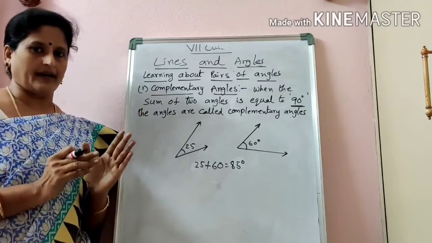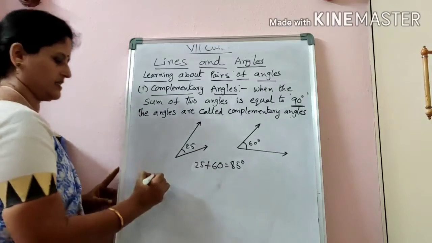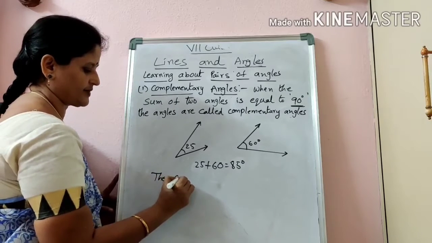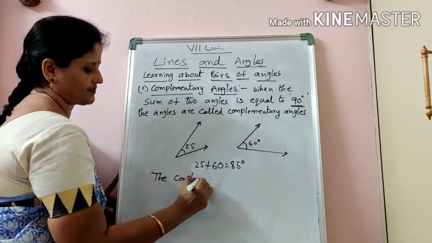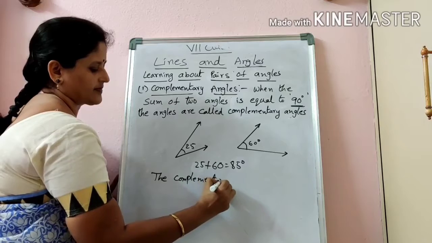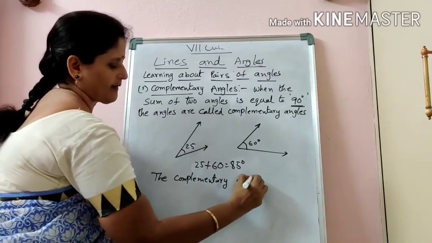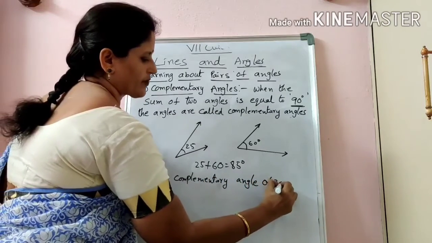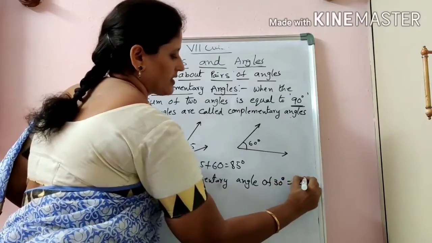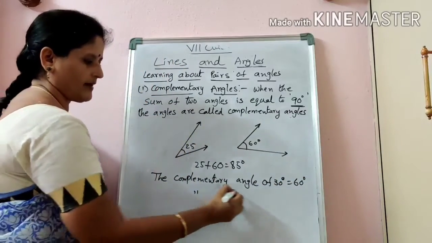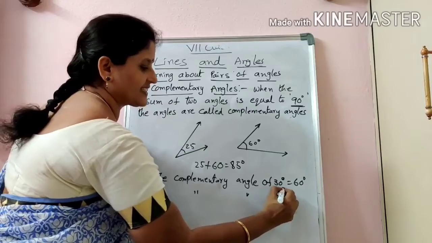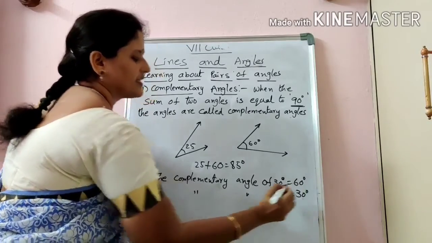The complementary angle of 30 degrees is 60. Again, the complementary angle of 60 degrees is 30.